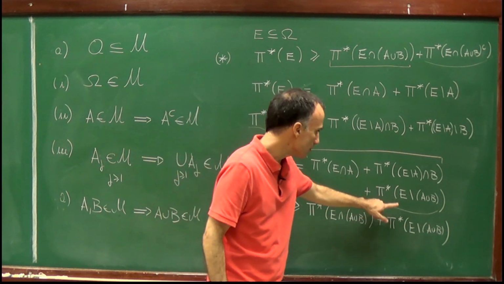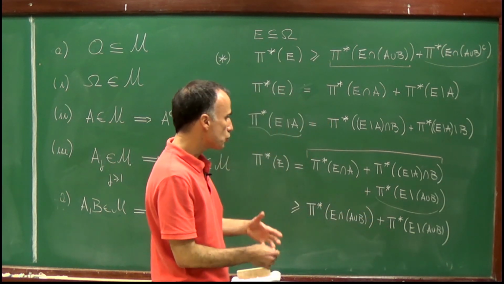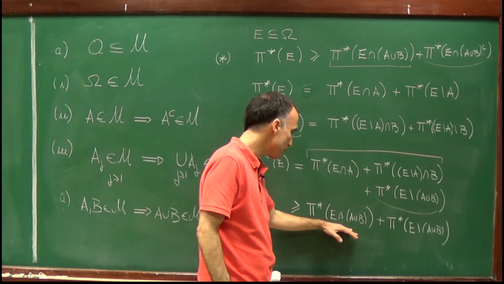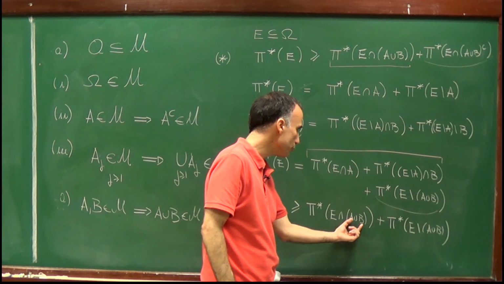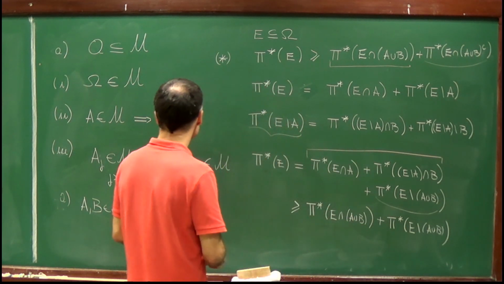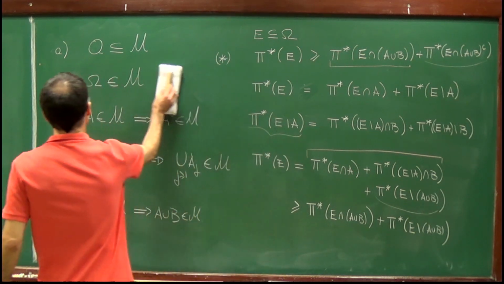So since this term is equal to that one, to conclude the proof, what remains to be done is to show that P star of E intersection A union B is less than or equal to this sum. So let me rewrite it here.